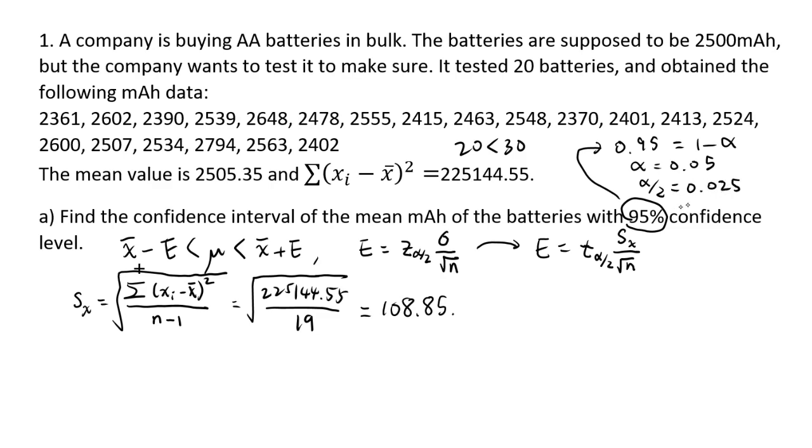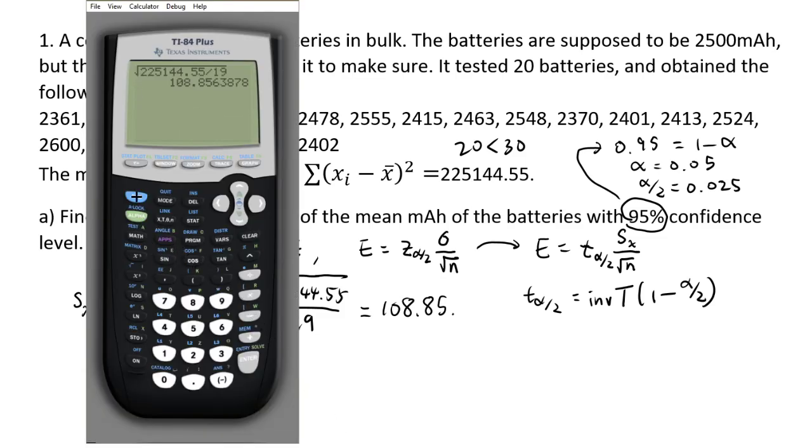To get t alpha over 2, you use the inverse t in your calculator of the 1 minus alpha over 2 value. So this is the formula you have to use, and it should be second vars. Go down to inverse t, enter, and you put in 1 minus alpha over 2.